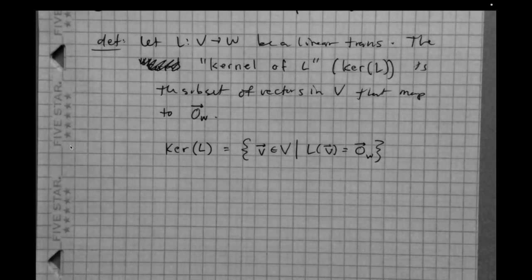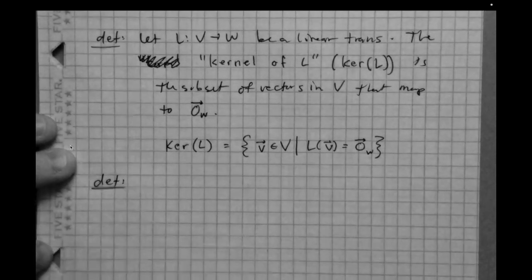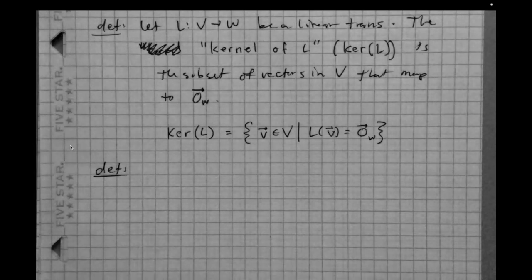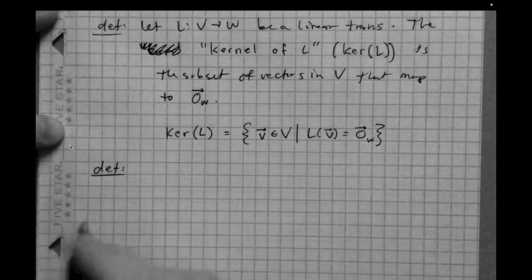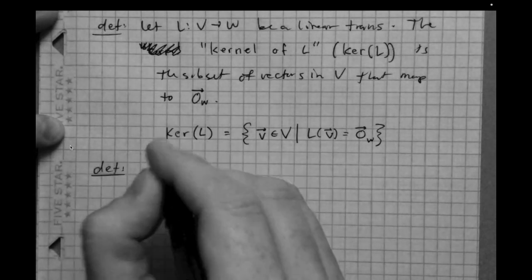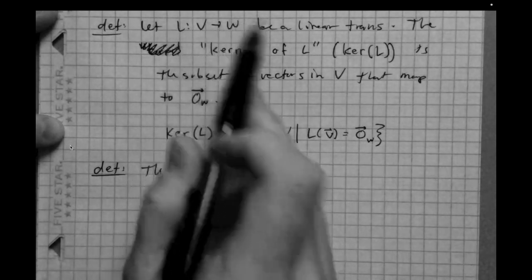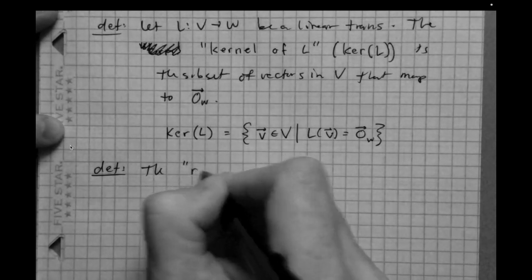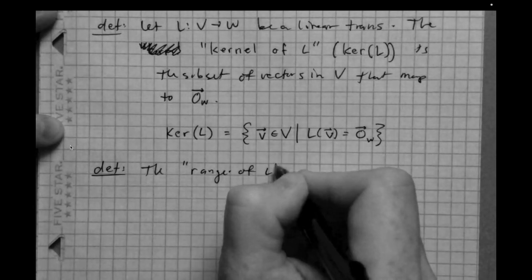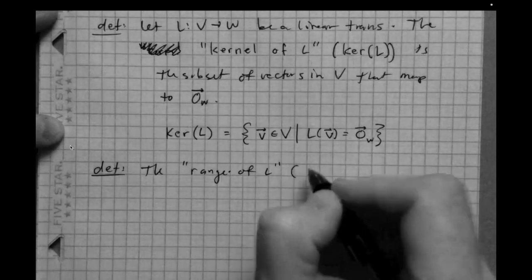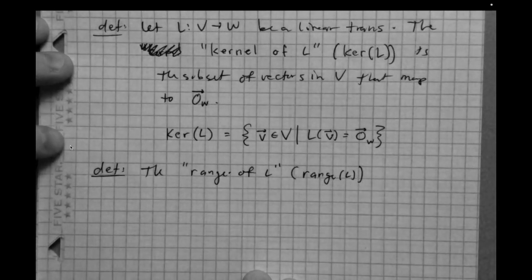While we're defining things, let's talk about the range. These are totally different kinds of subsets, but they're both subspaces, so let's knock this one out as well. The range of L, where again L is a linear transformation from V to W, is usually described with just the word range as notation.